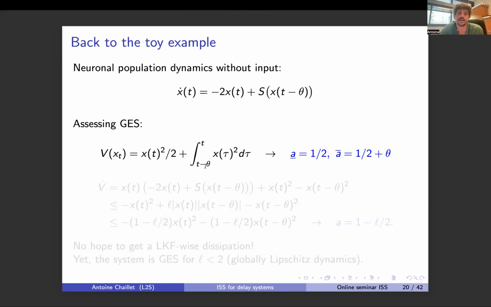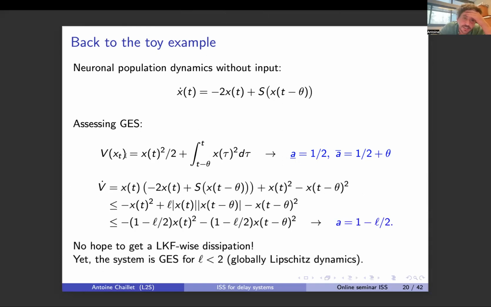Here you see why the two different bounds in the sandwich are very important, because on the left, you can hardly have something better than x of t. And on the right, there is no hope to get x of t because of this integral term. So you really need to have two different norms. Anyway, the sandwich condition that I require is easy to get. I get underline a equals 1/2 and overline a equals 1/2 plus theta.